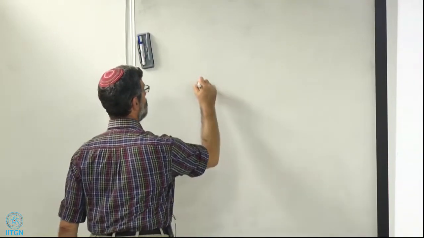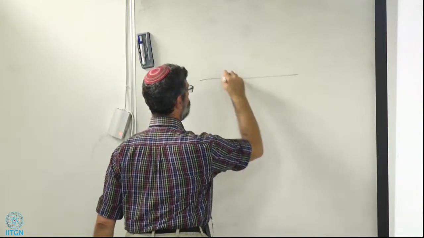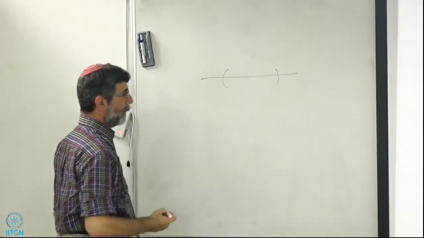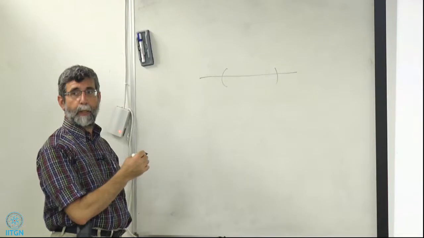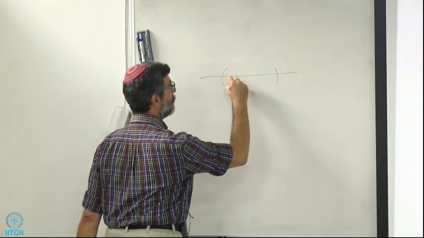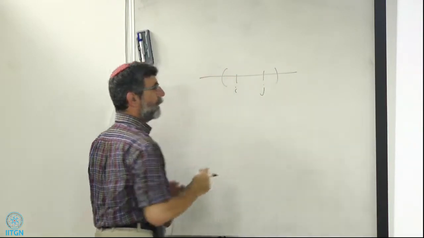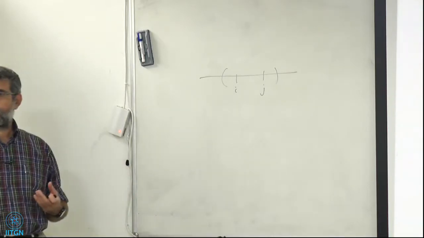So we have some range, and we want the longest LCP in this range. So it means we need to find some i and j such that their LCP is longest.